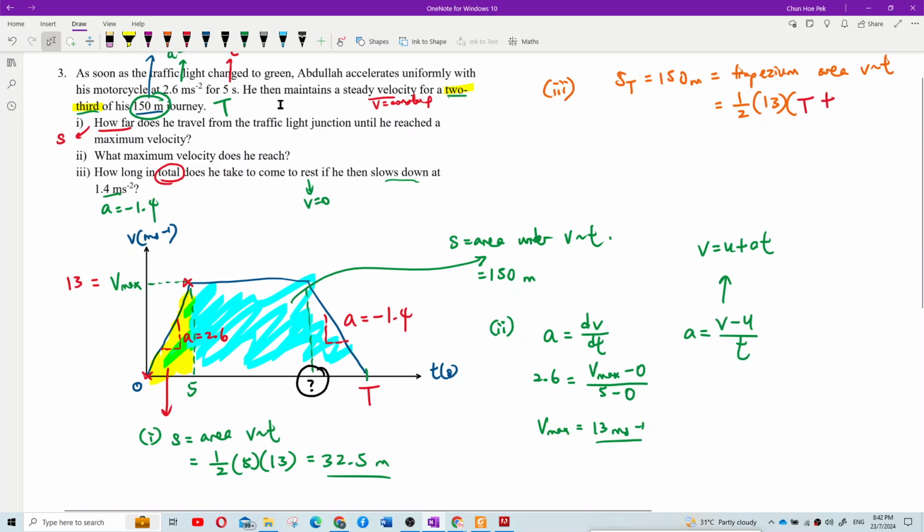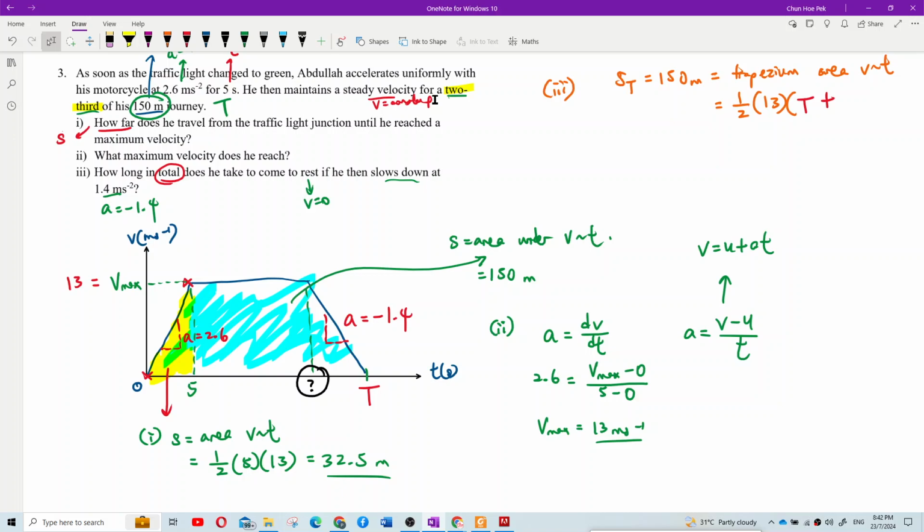150. So he said 2/3 of the journey was at constant velocity. 2/3 of the journey.